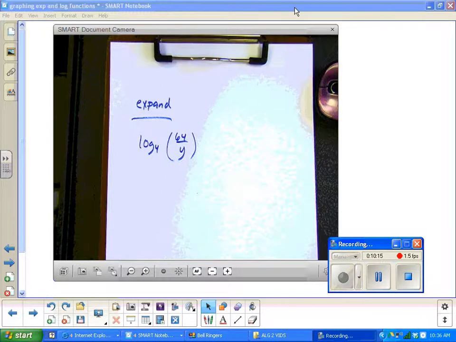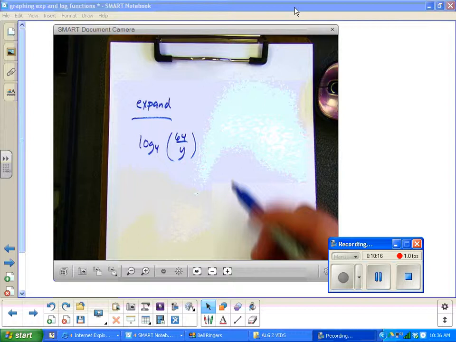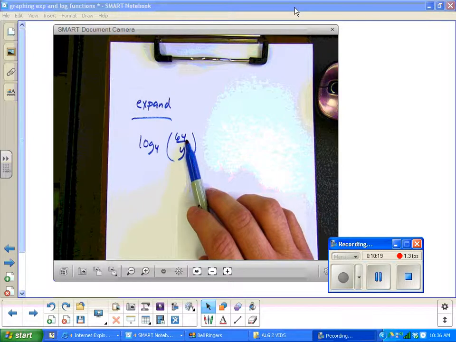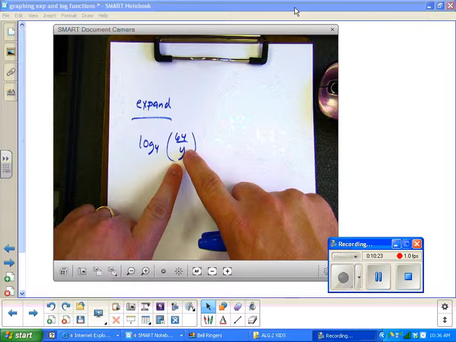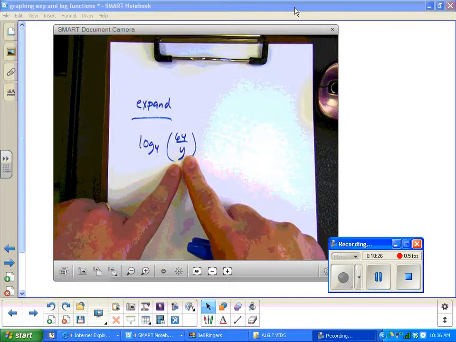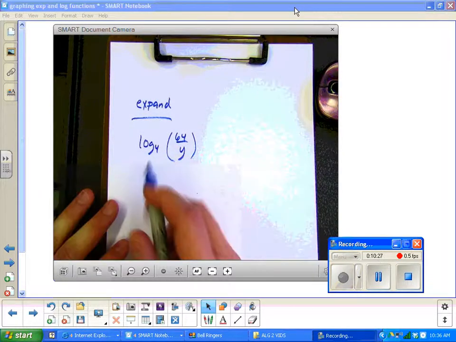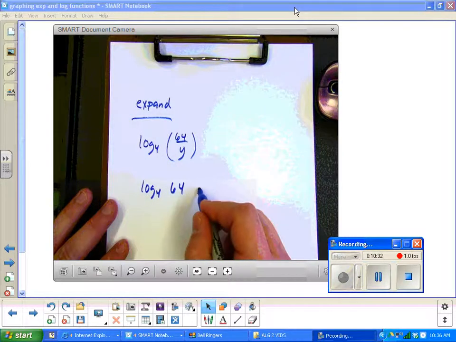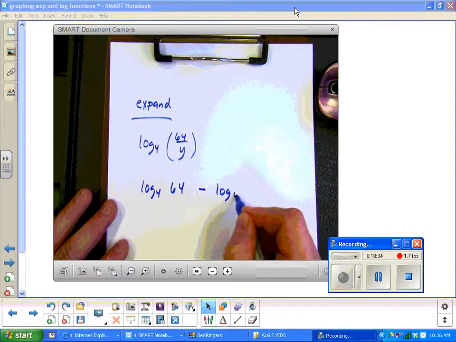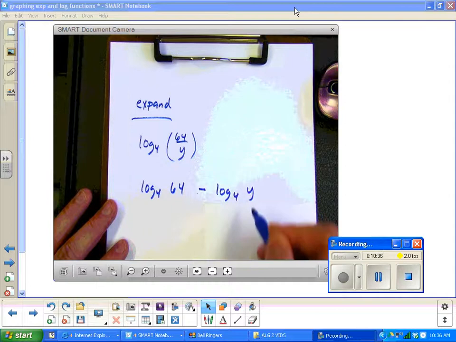All right. So now, this right here is division, right? So how can I take it and expand it? Change to subtraction. Y'all follow me? Okay. So this would be log base 4 of 64 minus log base 4 of y.